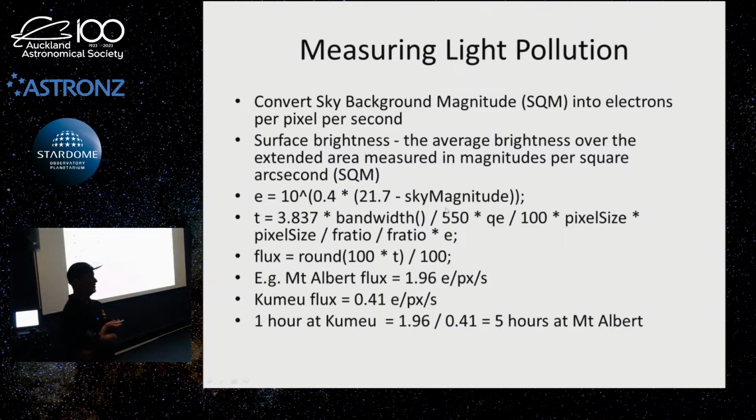I just wanted to show that it is possible to count photons from light pollution, and because light pollution is the biggest contributor to noise, it's the biggest contributor to signal to noise ratio. So 1 hour at Waharau is really 3 hours because it's a 1 hour drive there and 1 hour drive back, but 3 hours for a night beats a whole night in Auckland. But I haven't done the exact calculation.